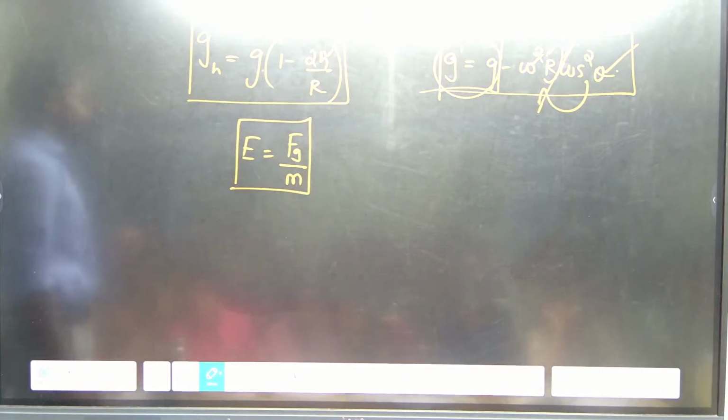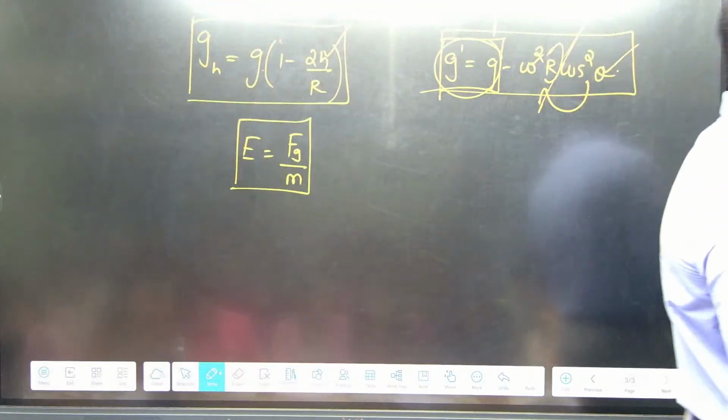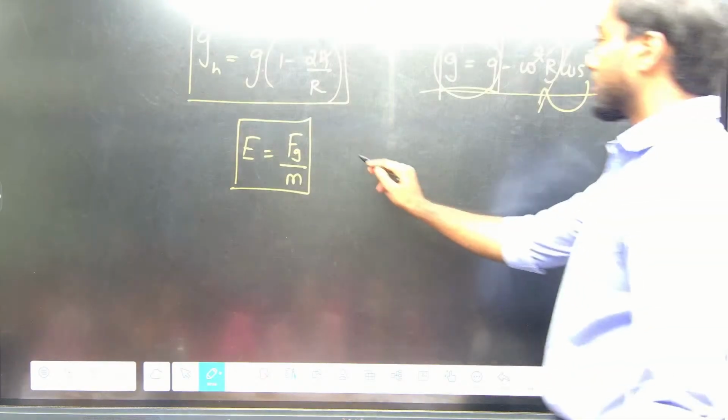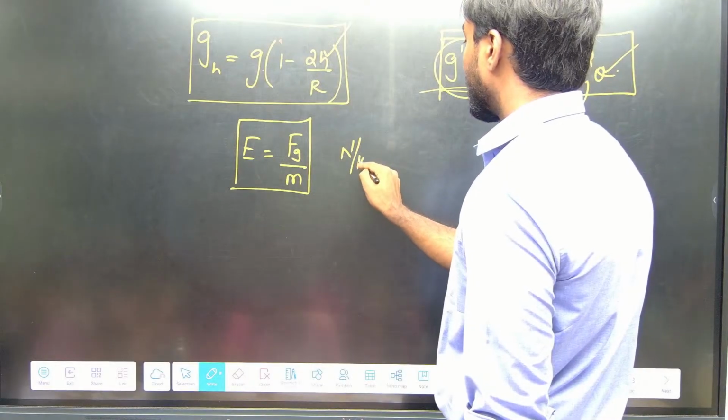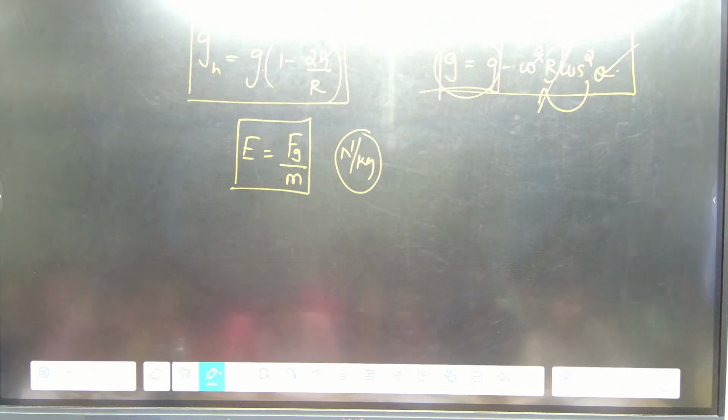E is nothing but the field intensity. The SI unit is Newton per kg, since force is in Newton.